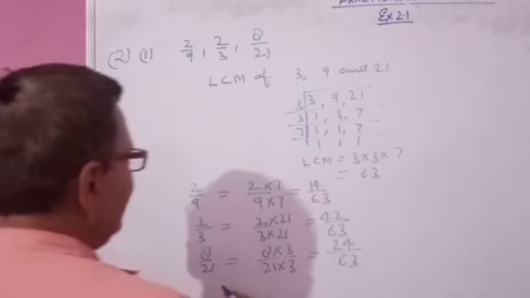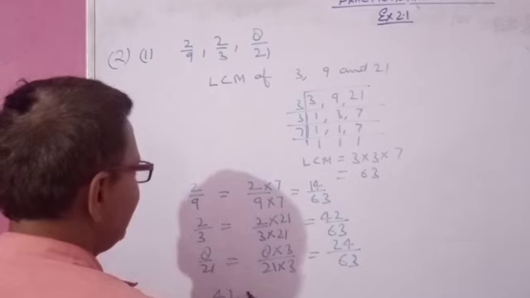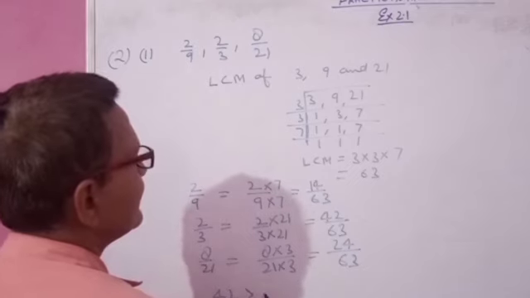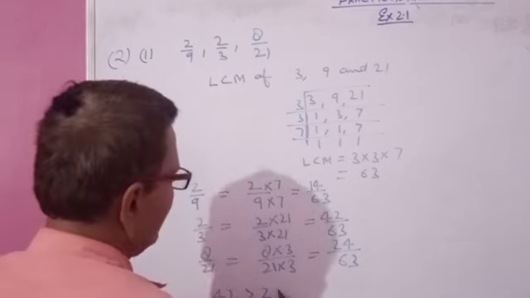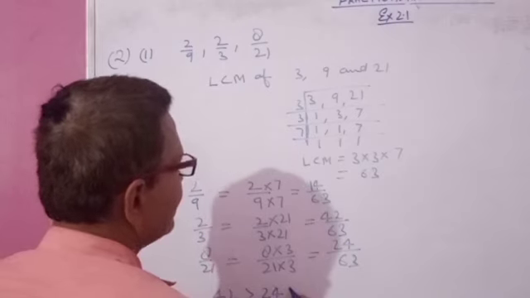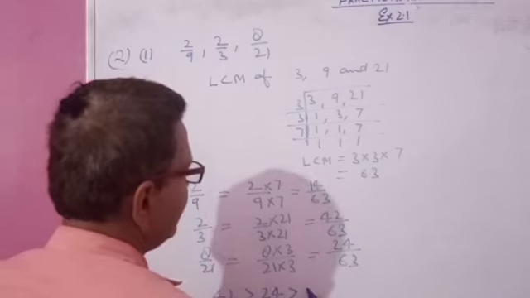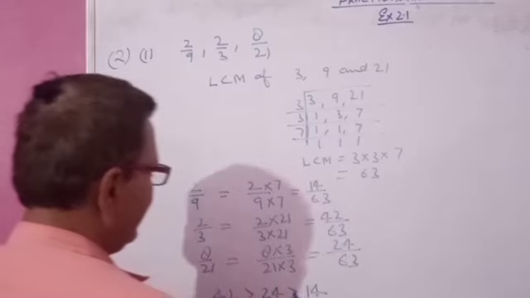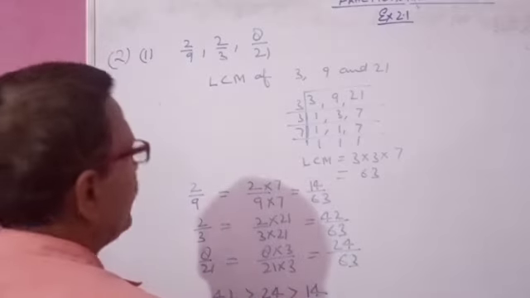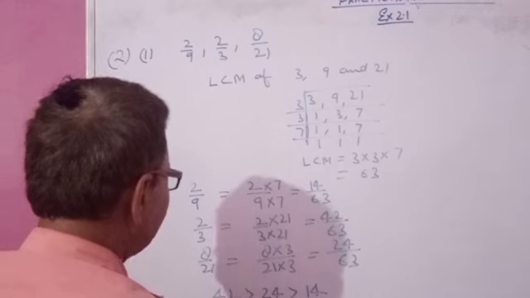Now you are seeing that 42 is greater than 24, and 24 is greater than 14.